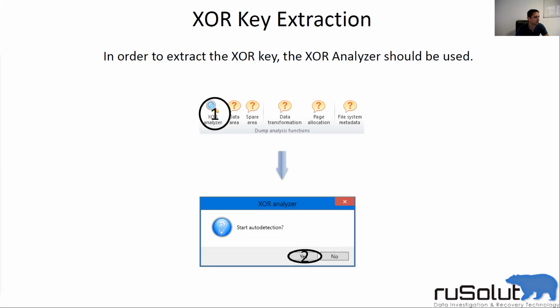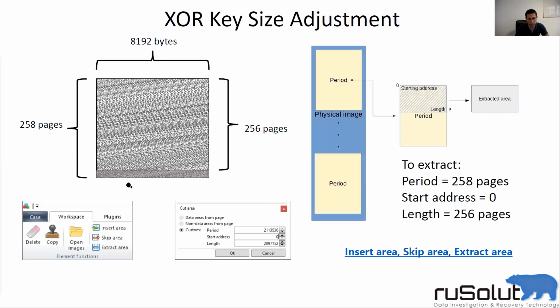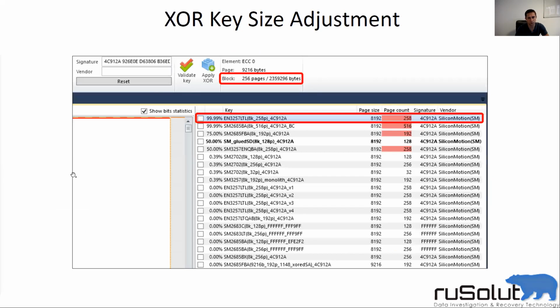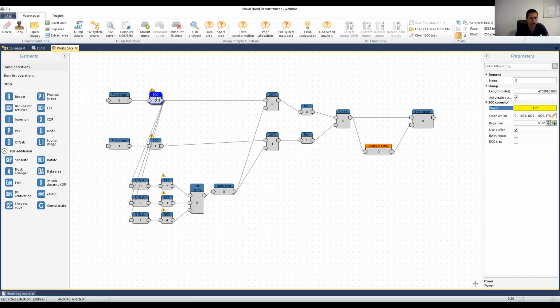It works like this. For example, you ran XOR key analysis, XOR key search, and then you got such a result. You got some keys here. By the way, let me tell you how we create this list of keys.